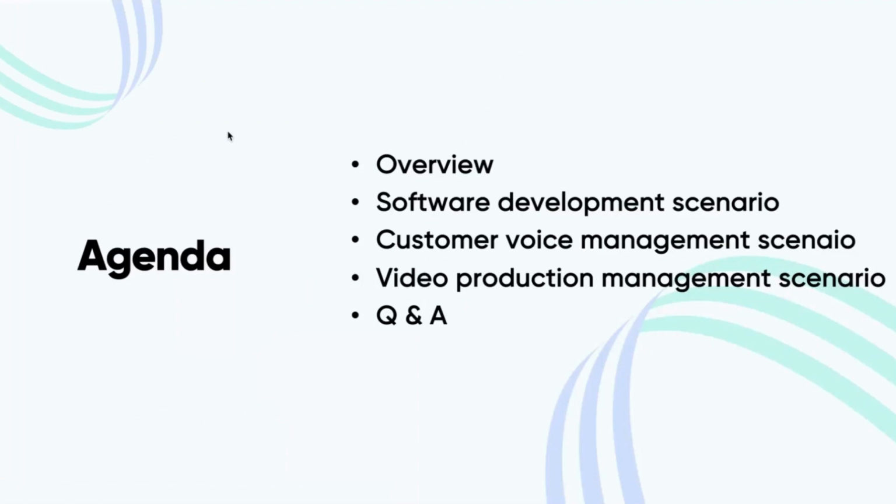So, in our first session, the overview, one question that I would like to address before we get started is what is Migo and overall introduction of Migo. Migo is a professional project management platform for cross-team collaboration, which is designed for complex scenarios.